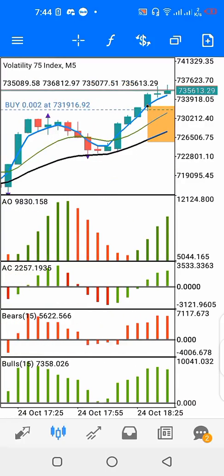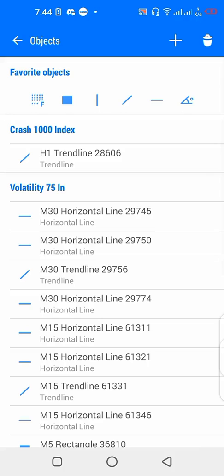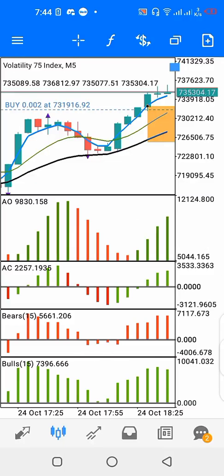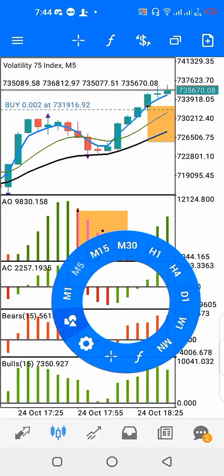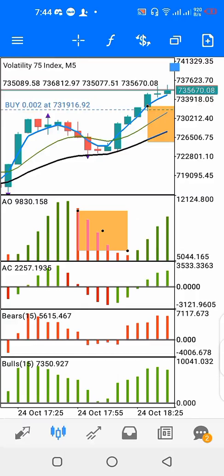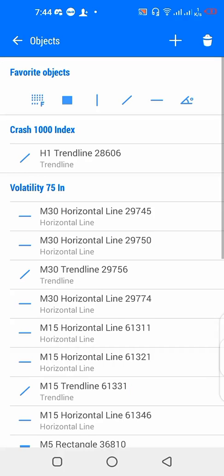Okay, now I have 5 windows. I have the main window, that's my main window, and this is indicator window 1, where I have awesome oscillator. All right, this is indicator window 2. On indicator window 2, I have accelerator oscillator.